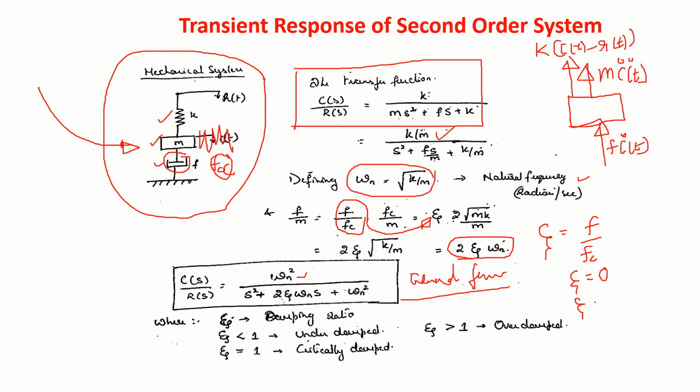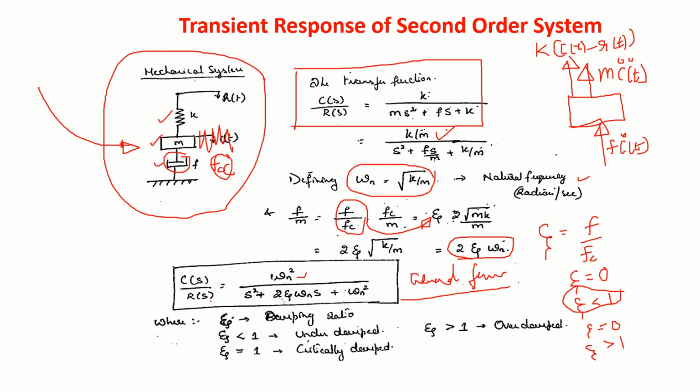If zeta is less than 1, we call it underdamped system. Zeta is equal to 1, it is critically damped system. And zeta greater than 1, it is overdamped system. Okay, practically many times we prefer underdamped systems.